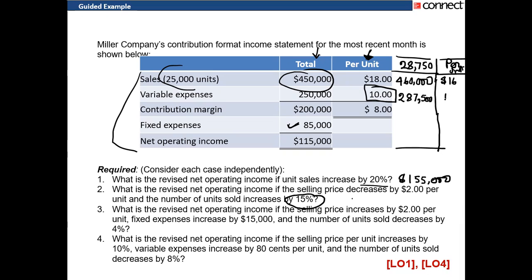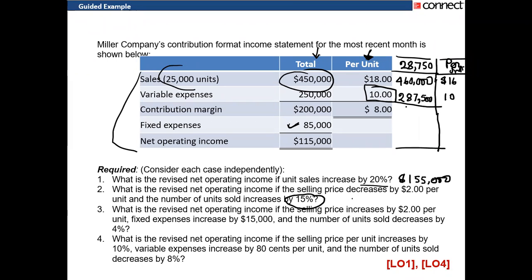Yeah, it is okay. You might expect that selling price is decreased for the usage of cheaper material, but as long as there is no additional information, you assume that variable expense will not change. It will be as before.